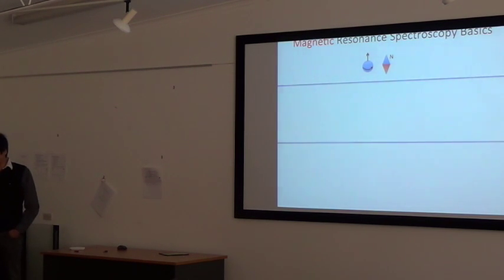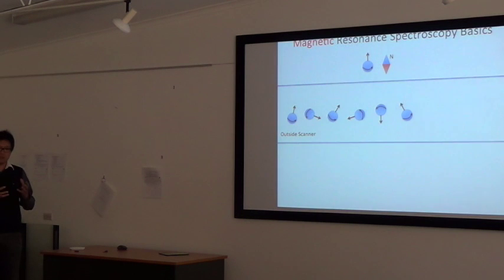So the story starts with the magnetic field. So we know that a rotating charged particle, we can consider as a magnetic bar. So let's take the hydrogen proton, for example, and for my whole talk, when I'm talking about protons, it's the hydrogen protons, not the protons from other nuclei. So if it's rotating in this way, we can consider it as a magnetic bar, which is pointing upwards.